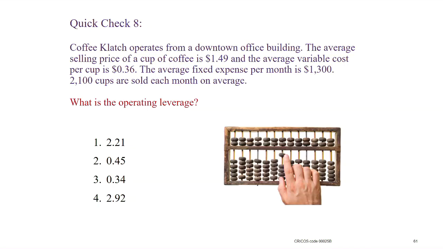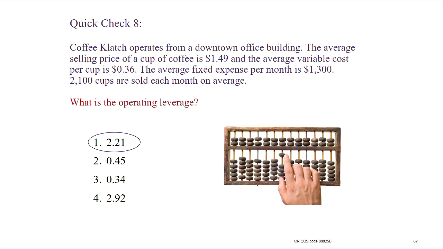Okay, has anyone got an answer? Number one? Great. So how did you get to number one? What did you do? You worked out your contribution margin? Yep. So in total, contribution margin in total, so you took the 2,100 times the $1.49 less the 36 cents.